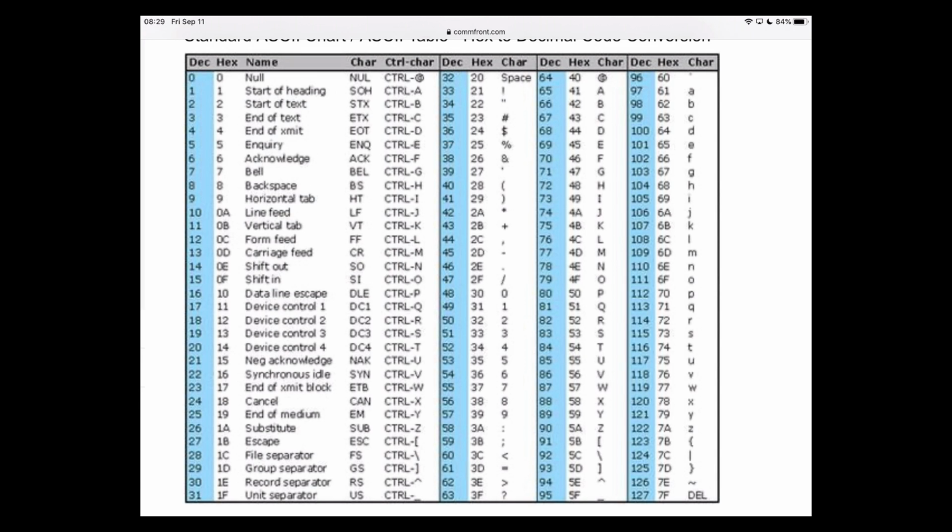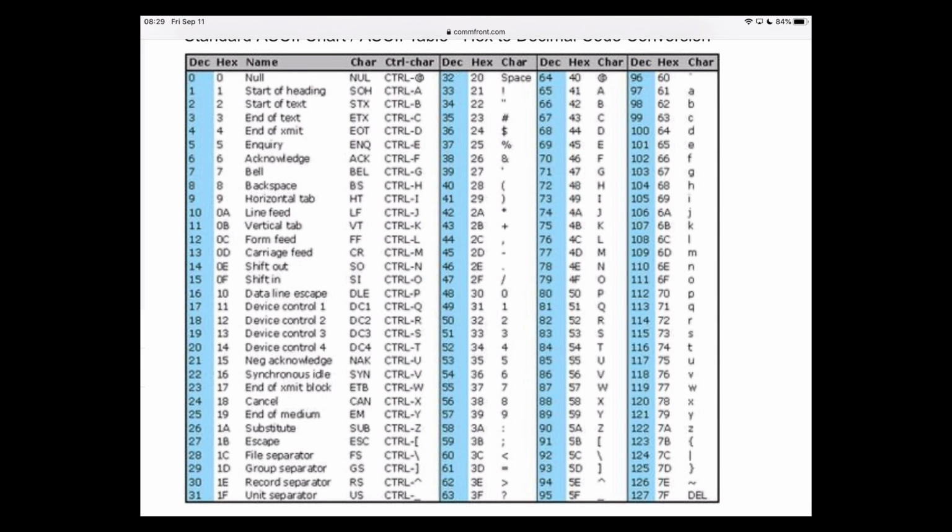Well, what about if you're Chinese? Then what's the problem? How many symbols are there in Chinese? Thousands. And that's just Chinese.